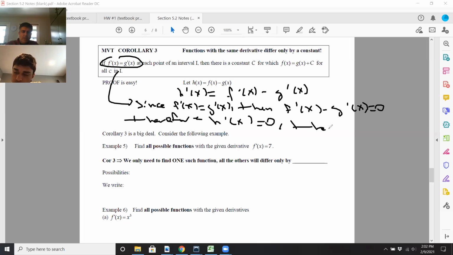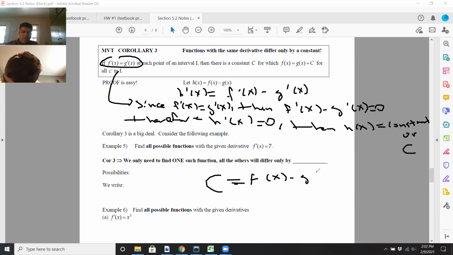Then h of x has to equal a constant as part of the second corollary. Or we'll call it C, capital C for constant. So capital C now equals f of x minus g of x. Therefore, f of x equals g of x plus c.